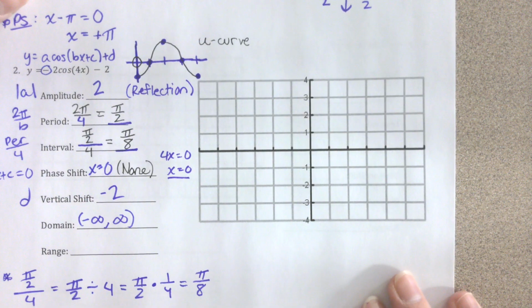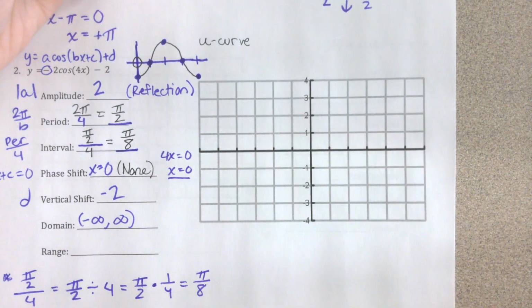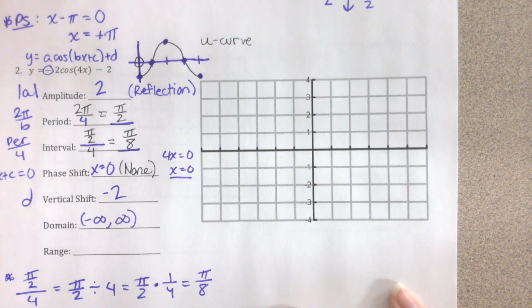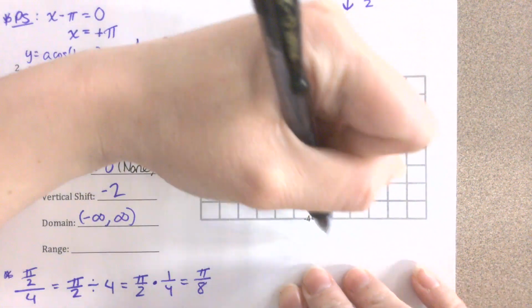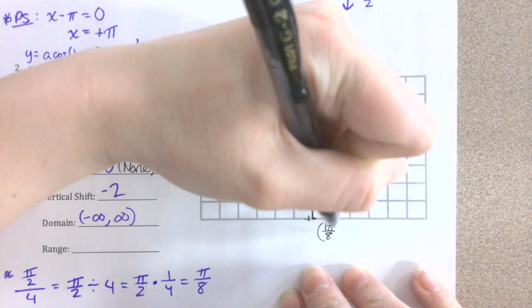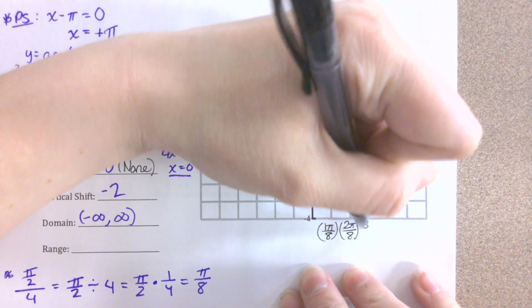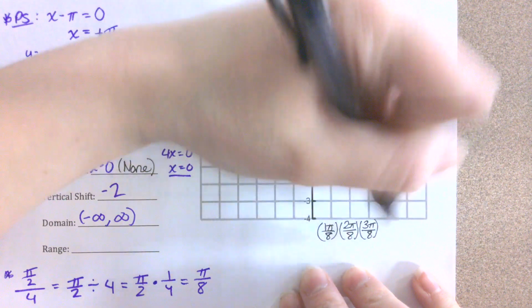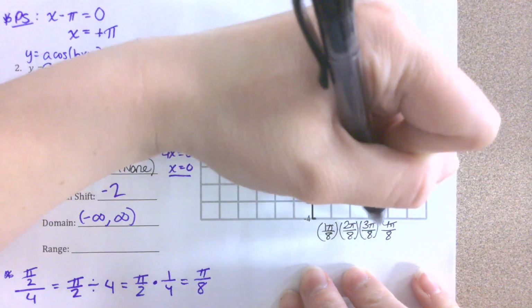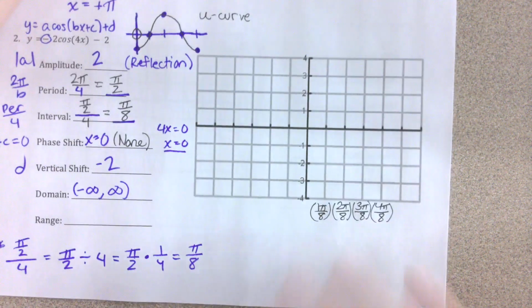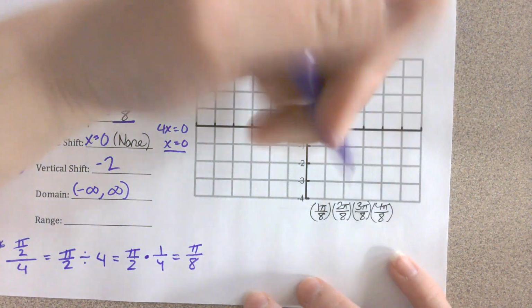Let's graph this. Setting up our graph with the intervals, our intervals are pi over 8. Again, I'll do the unreduced fractions first. First interval here, 1 pi over 8. Second interval, 2 pi over 8. 3 pi over 8. 4 pi over 8. Reducing, where possible.